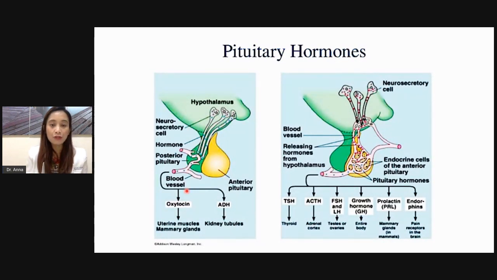And the two major hormones that are secreted by your posterior pituitary are your oxytocin that has effects on your uterine muscles and your mammary glands, to produce your milk letdown reflex, and your antidiuretic hormone or your vasopressin that has actions on your kidney tubules.